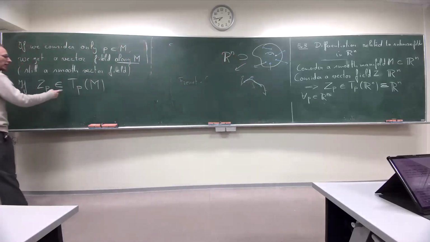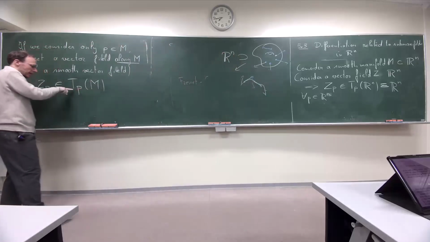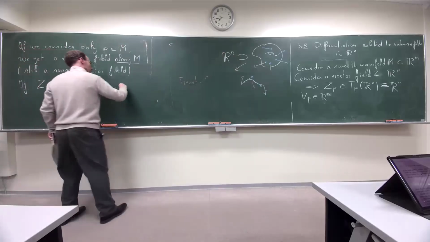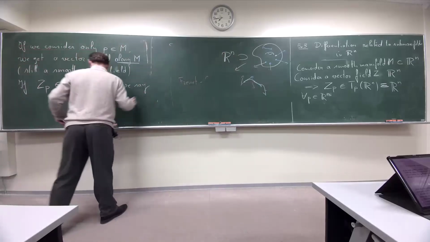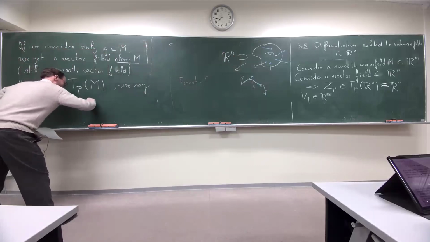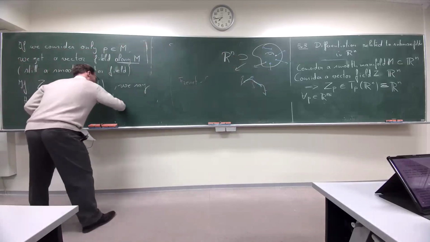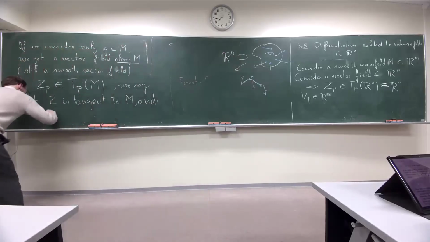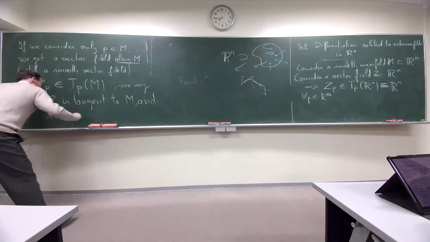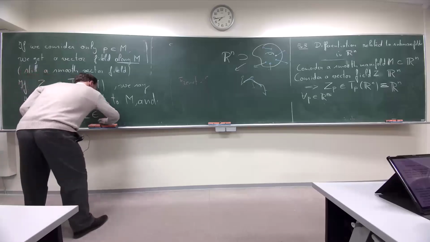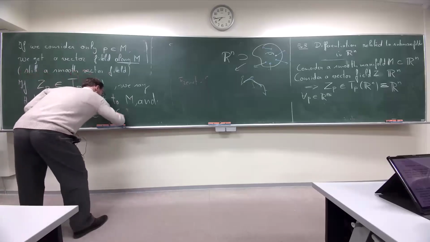So if Zp is inside this tangent space of the manifold, we say that Z is tangent to M. It's an abuse of notation, right? Z belonging to the tangent space of M.